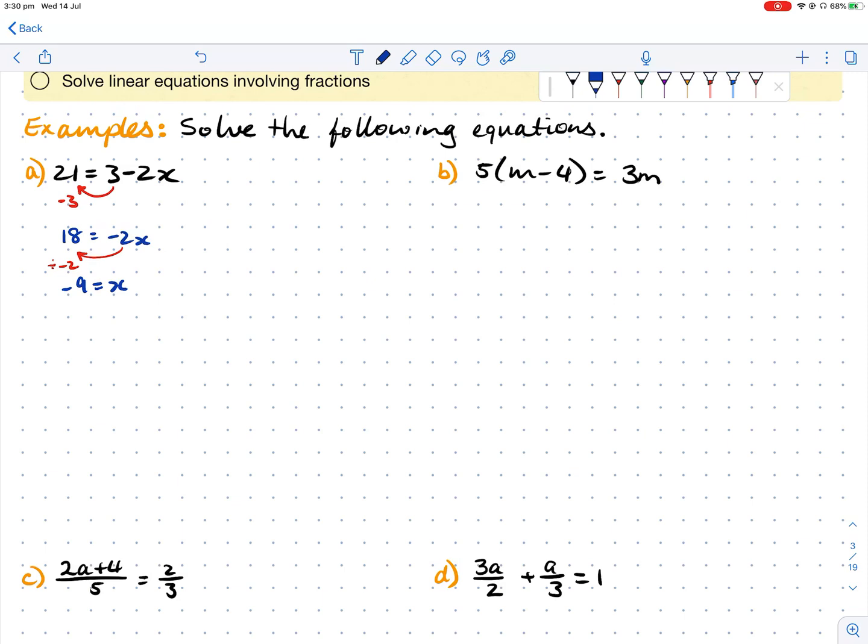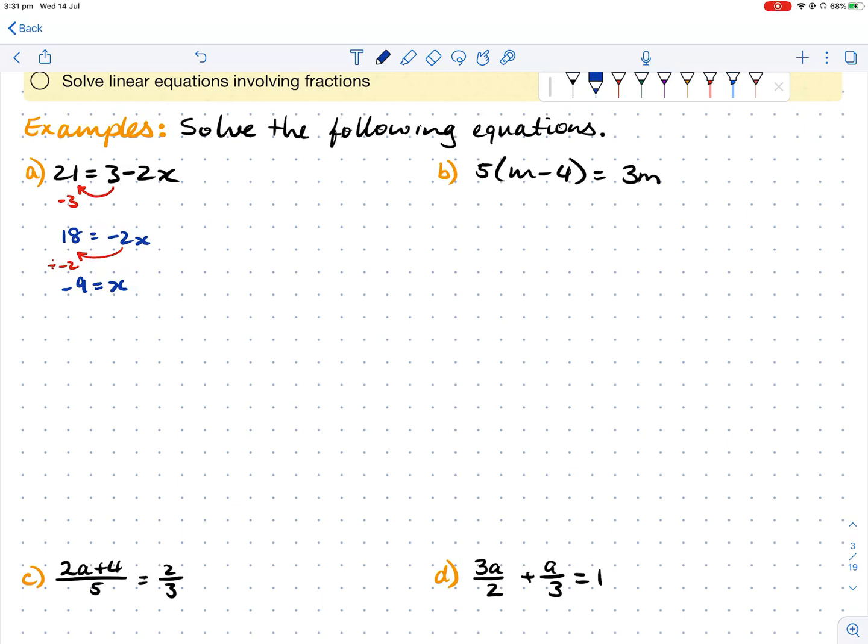If you're okay with working with equations, you may not even need to write out the red steps. You can just write out each of your blue lines of working. As a minimum, you should have that and that as part of your answer. If you leave it as negative 9 equals x, that's perfectly fine. If you want to, you can change it back to x equals negative 9.